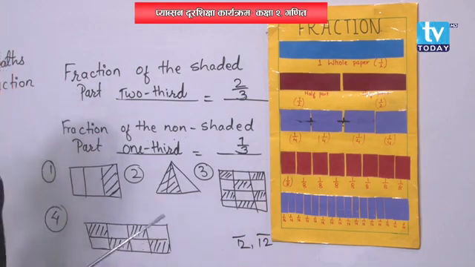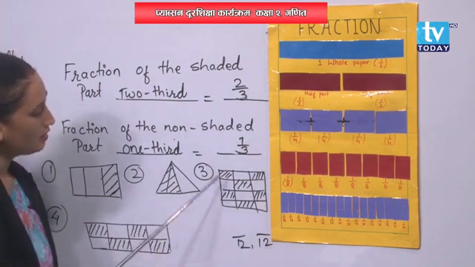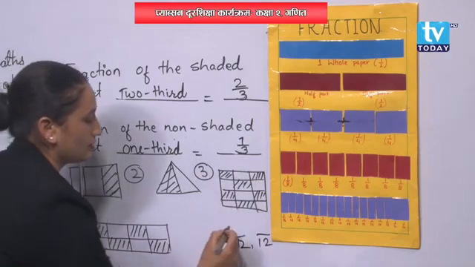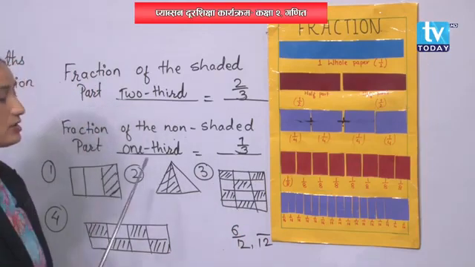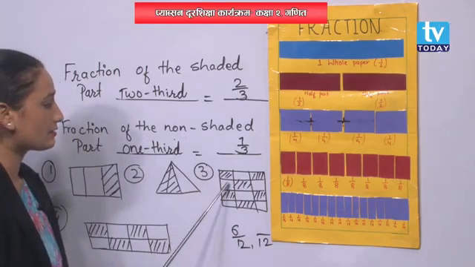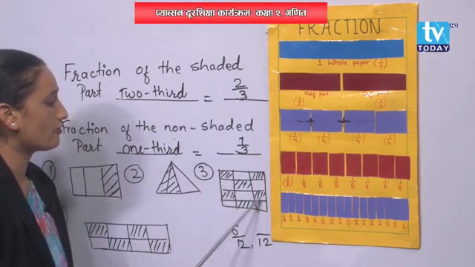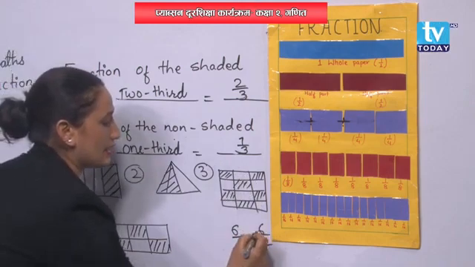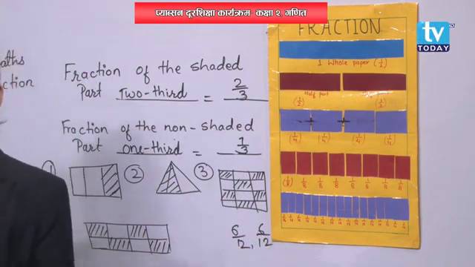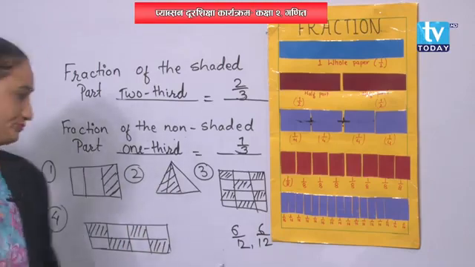Tell me the first one, the shaded part. How many parts are shaded? 1, 2, 3, 4, 5, 6. Altogether 12 means 6 are shaded. Let's count the other: 1, 2, 3, 4, 5, 6. 6 are non-shaded. Equal, right?